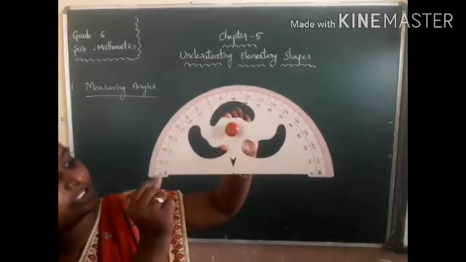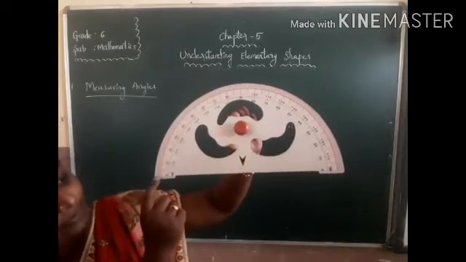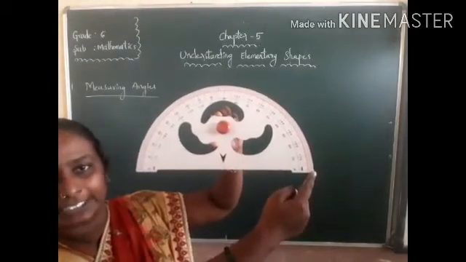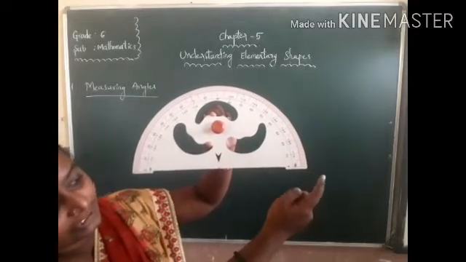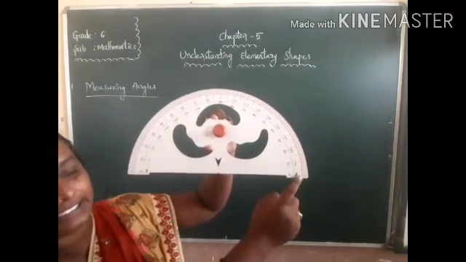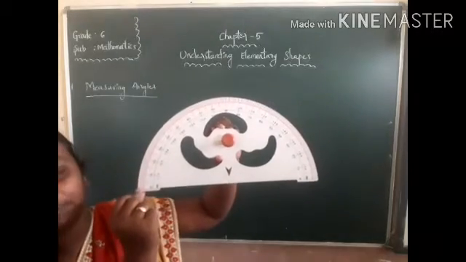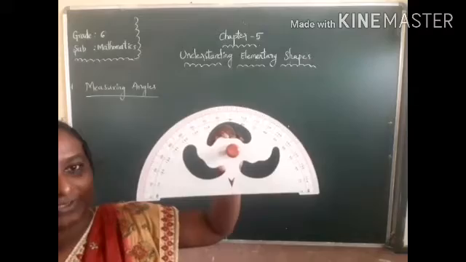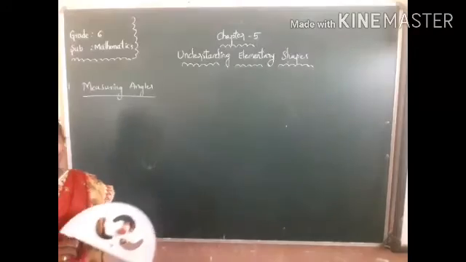Observe here, 0 degrees. It starts from 0 degrees and ends with 180 degrees. It starts from the right side at 0 degrees and ends with 180 degrees. Okay children?